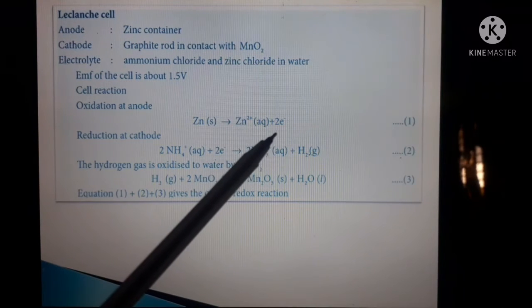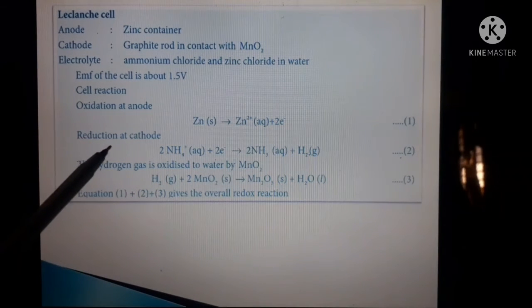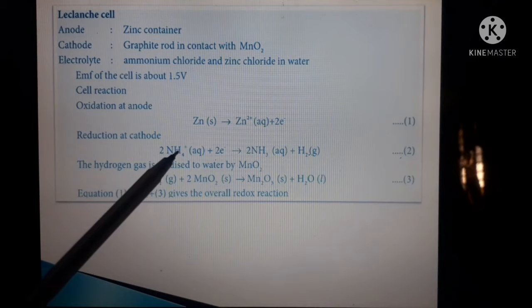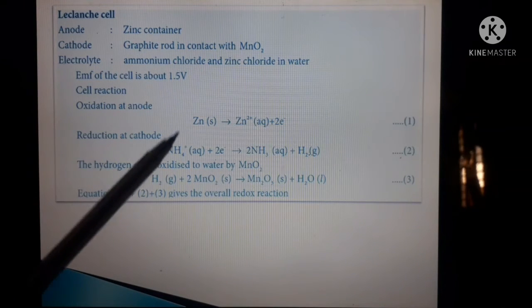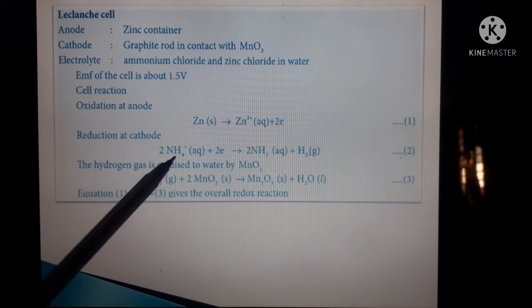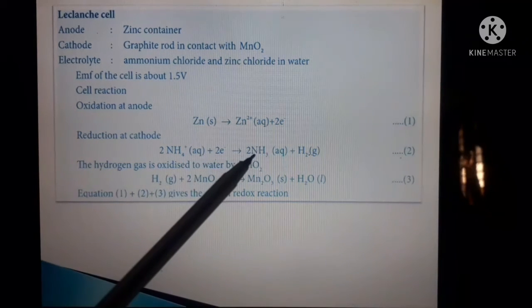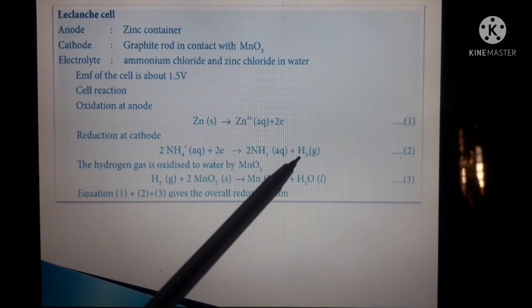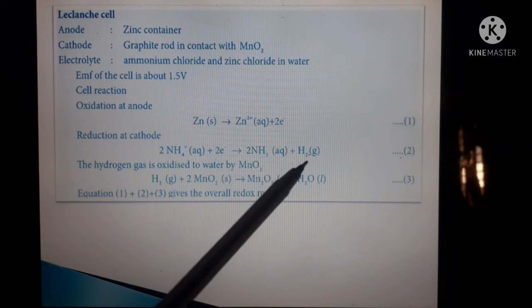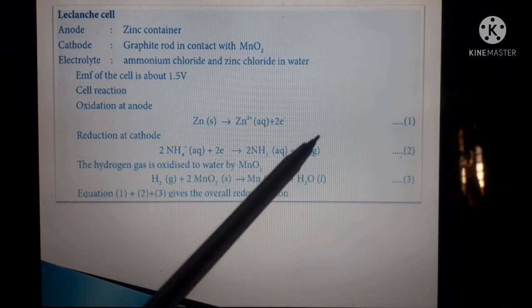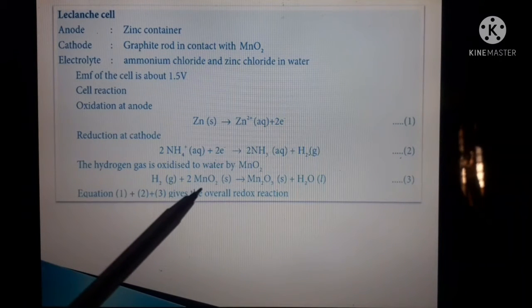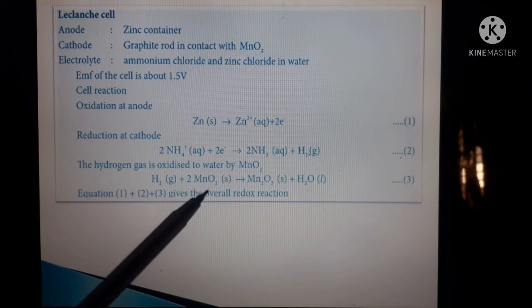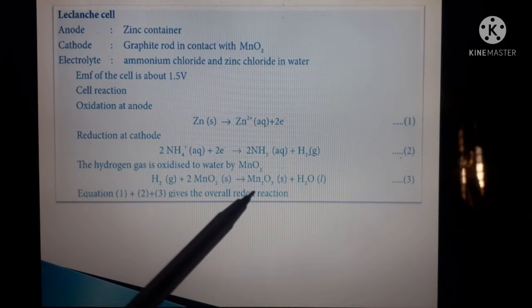Next, reduction at the cathode: ammonium ion, ammonium chloride is there, the ammonium ion absorbs the 2 electrons and changes to ammonia and hydrogen gas. Now the hydrogen gas, how is the hydrogen gas removed? Hydrogen gas reacts with manganese dioxide. Manganese dioxide gives Mn2O3.